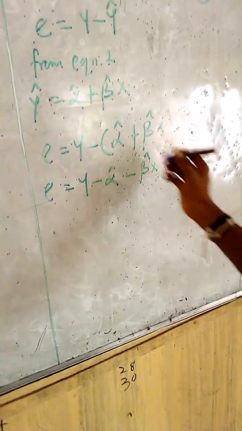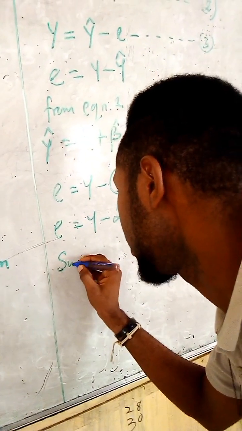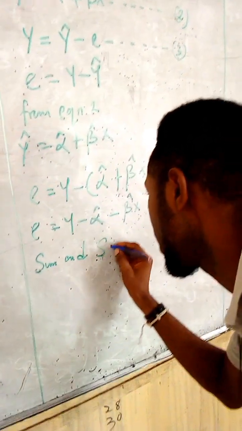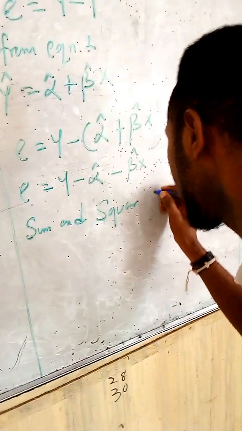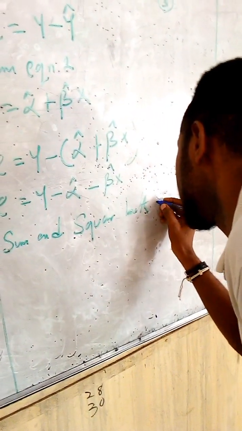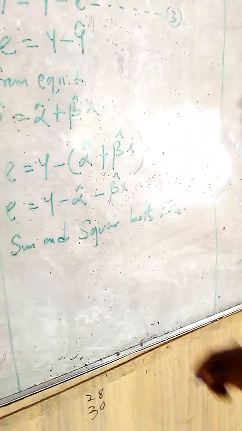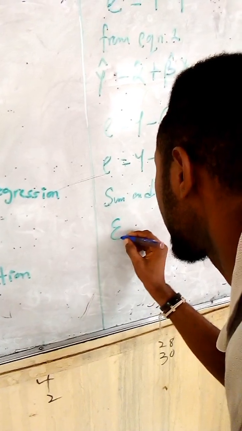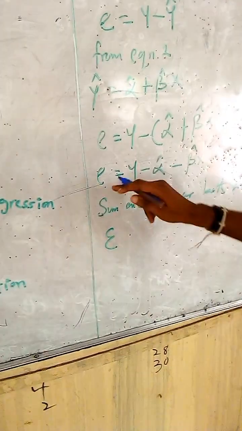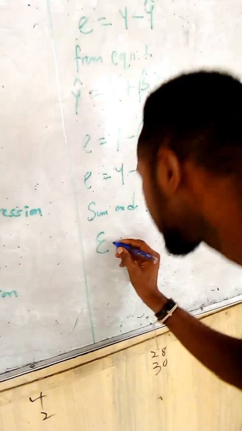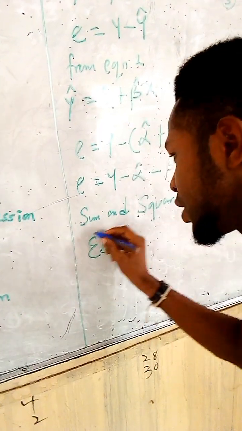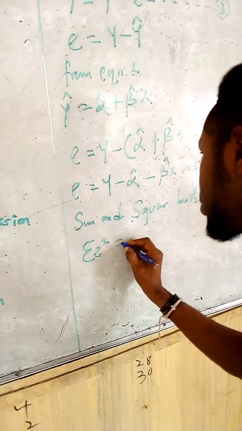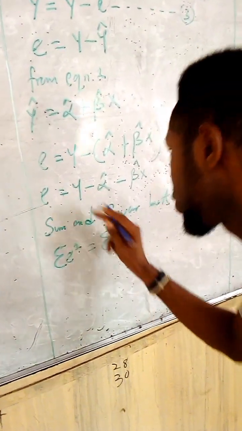All right, let's go ahead and do it. So sum and square both sides. Right, so we now have summation of e squared. This means summation, then this is my square, equals summation of this one as well.